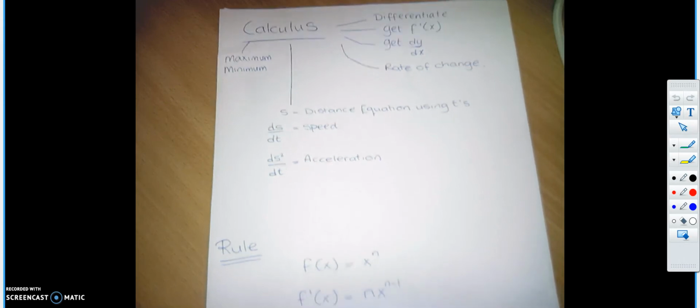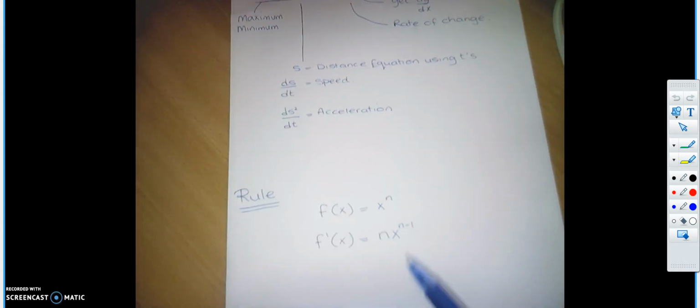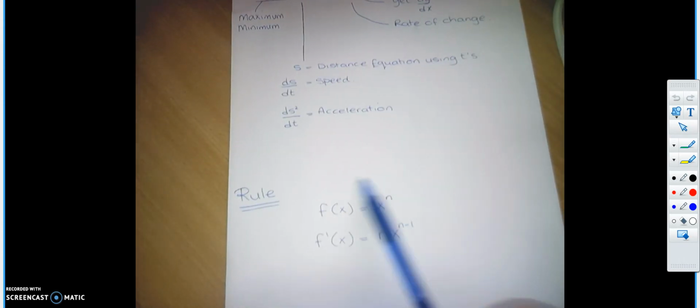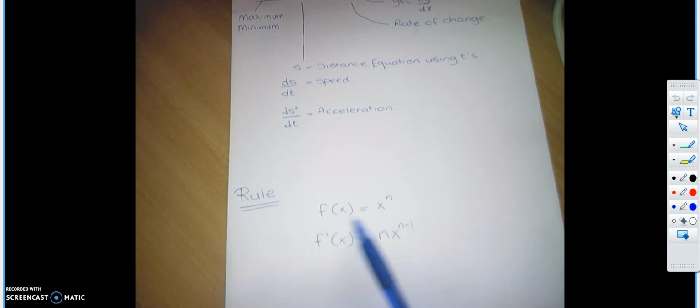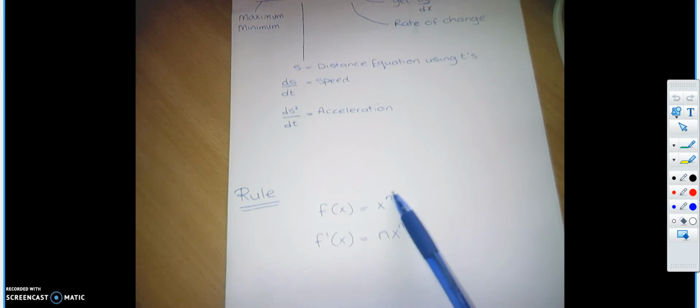The rule for calculus, for ordinary level, is your basic function. So you're given a normal function, so you'll have an f of x function, which involves x's with some powers. The only thing you care about is either x's to a power, or t's to a power, or s's to a power, but some letter to a power. You're not dealing with the normal coefficients and numbers.